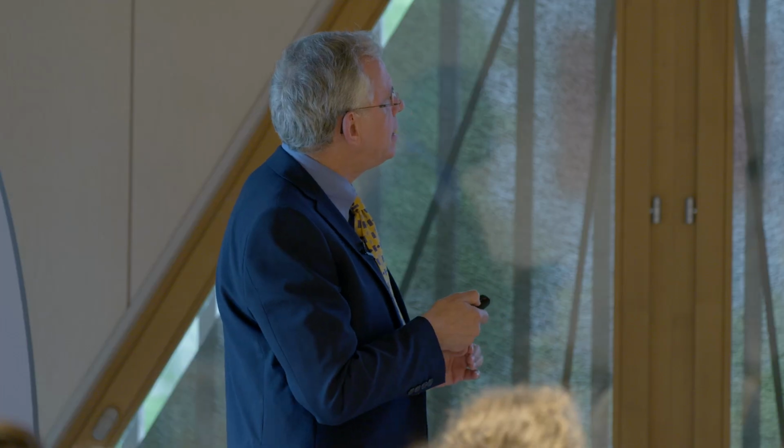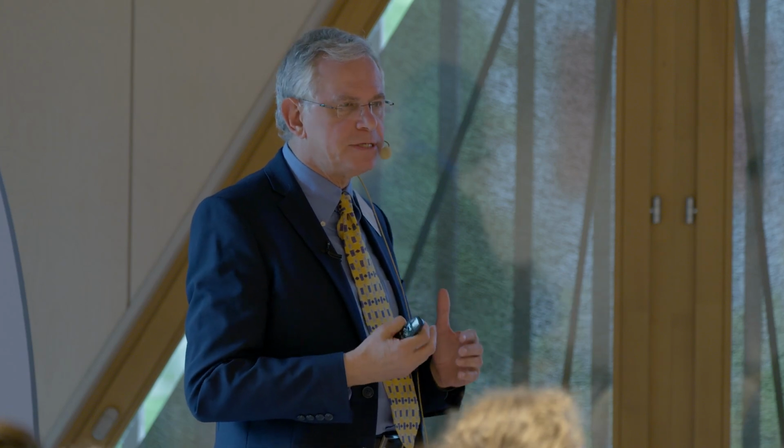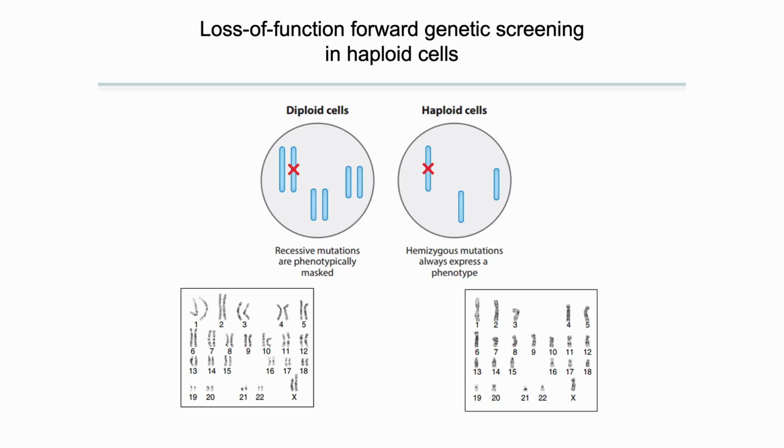If we want to do a genome-wide loss of function screening and see which genes are involved in this process, it's much easier to do it in haploid cells, where every chromosome is only one copy, instead of diploid cells where you have 2 alleles for each gene, so it's much more difficult to have a genome-wide loss of function screening.